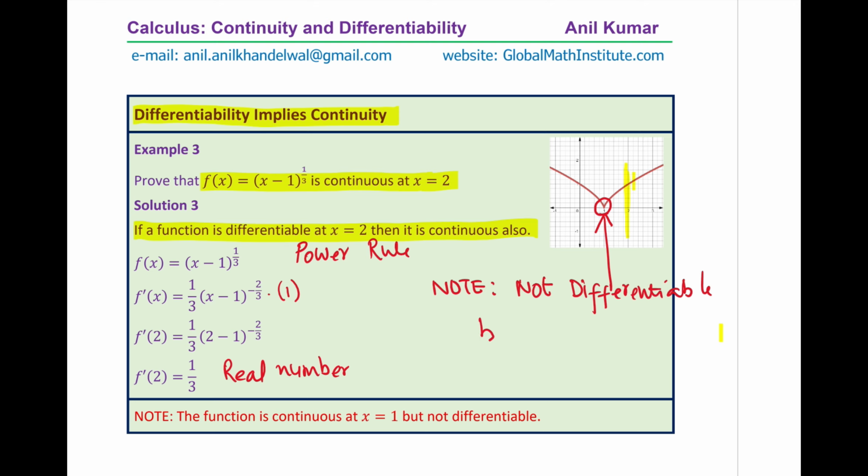But it is continuous. And therefore, this method doesn't imply that if it is not differentiable, then it will not be continuous. You get the idea, right? The other way, this method cannot be applied. Okay, so this is very important to understand.